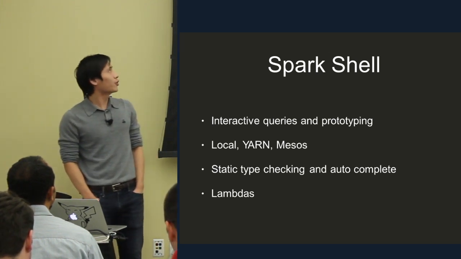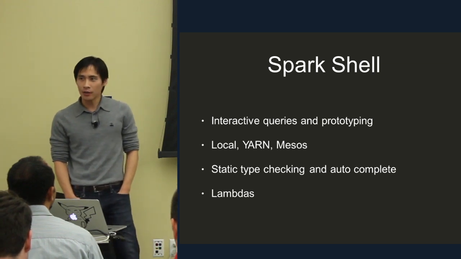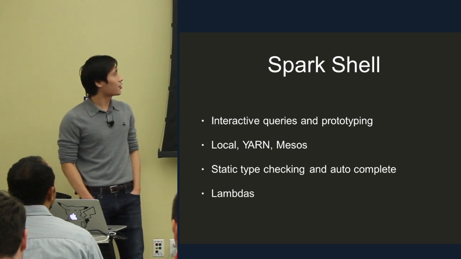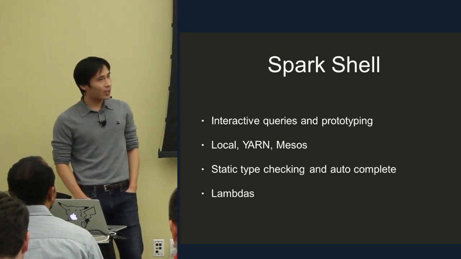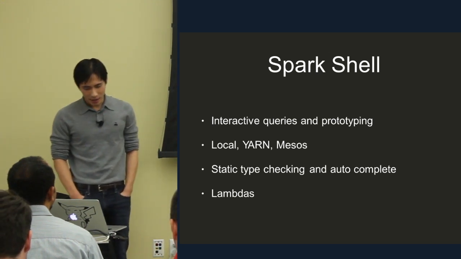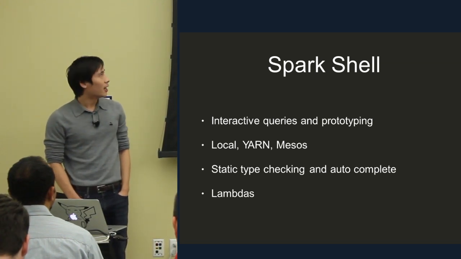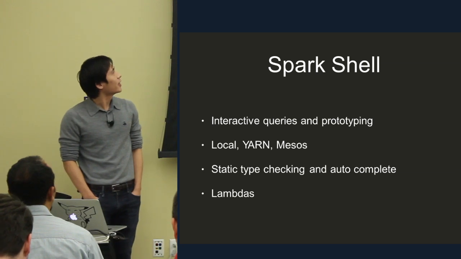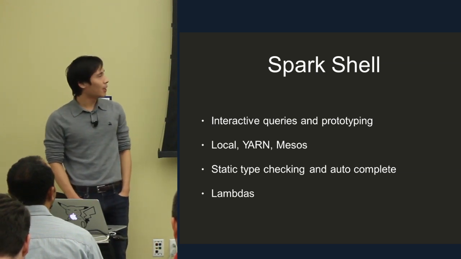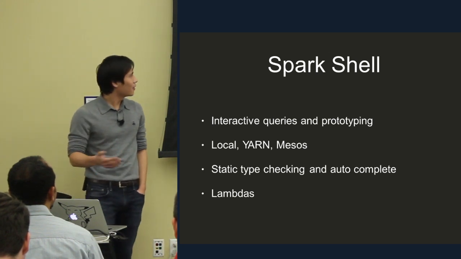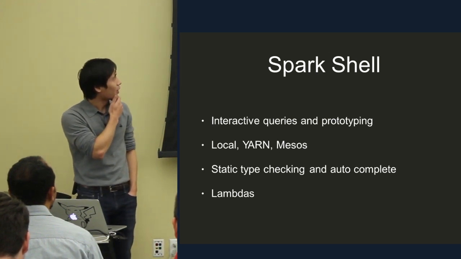And in order to do that, I'll be using the Spark shell. So the Spark shell is really cool. It's built on top of the Scala shell. And what it allows you to do is perform large-scale queries interactively. And you'll see that. It's just amazing for prototyping or really just analyzing your data in a very quick manner.